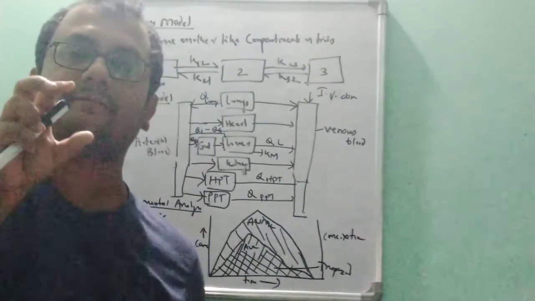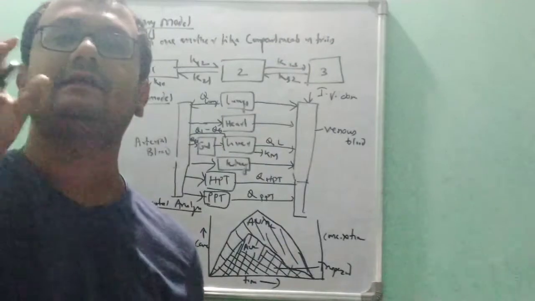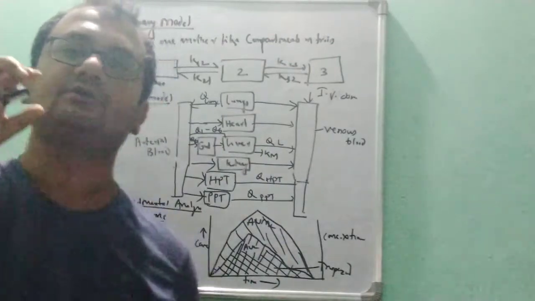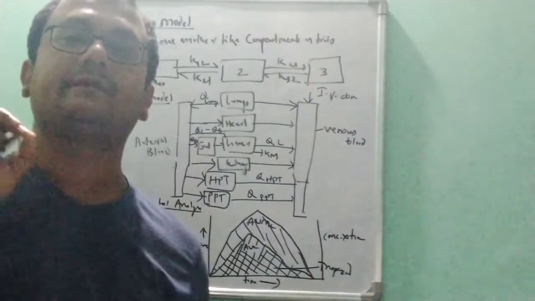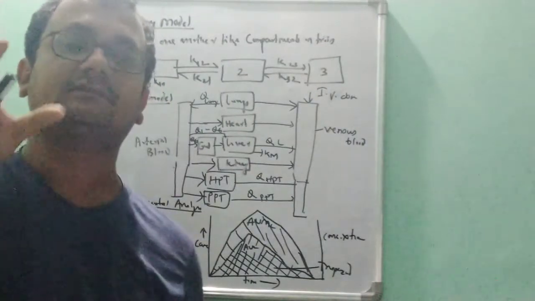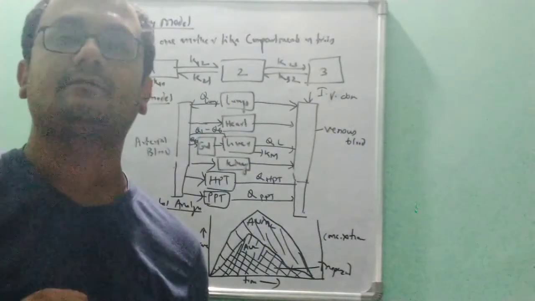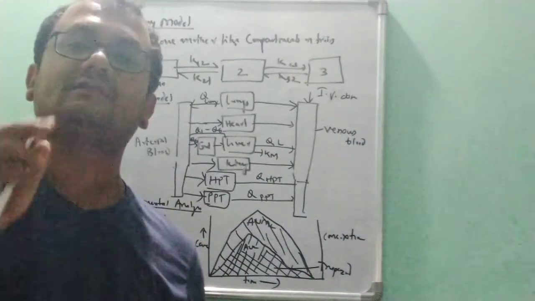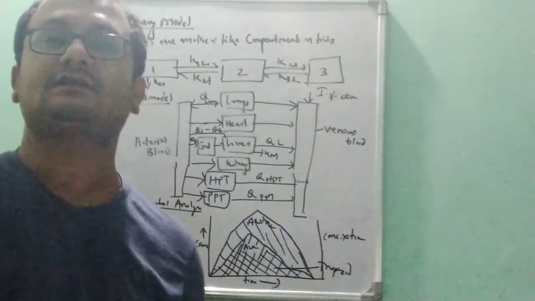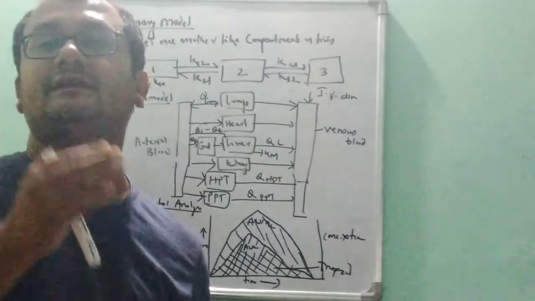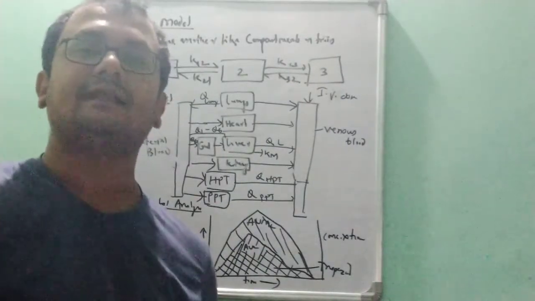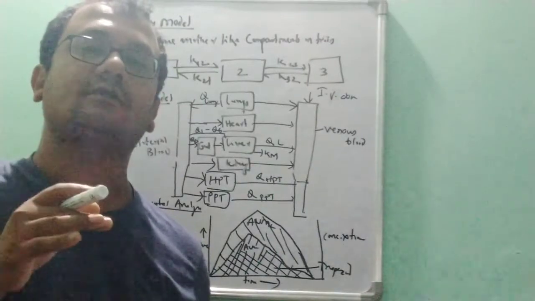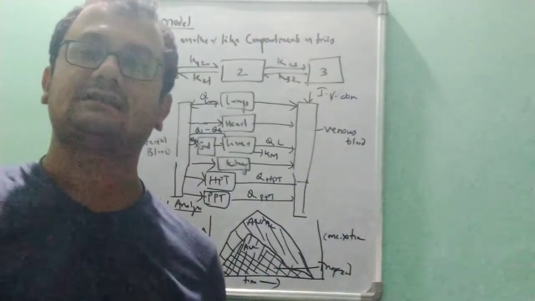In the central compartment we generally keep the highly perfused organs like blood, heart, brain, kidney, lungs, which have good blood flow, and other tissues like bones you keep in the peripheral compartment.